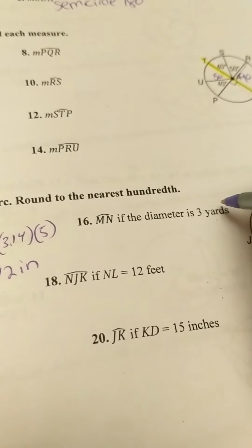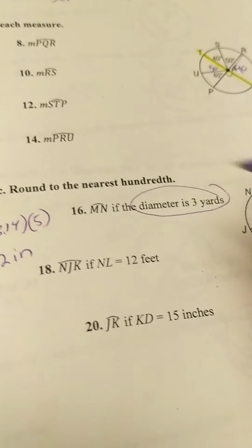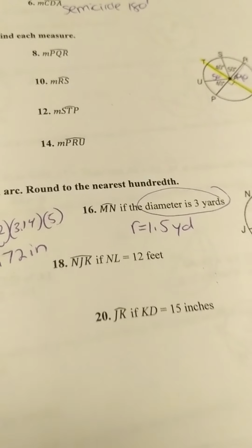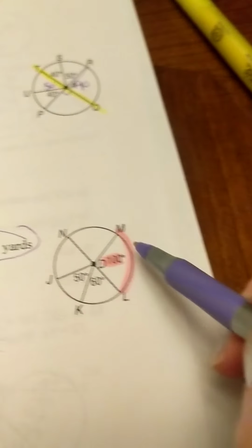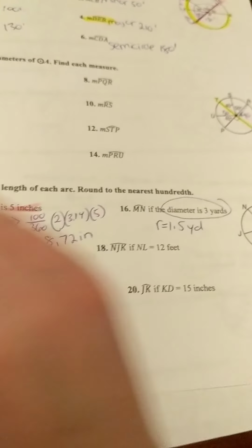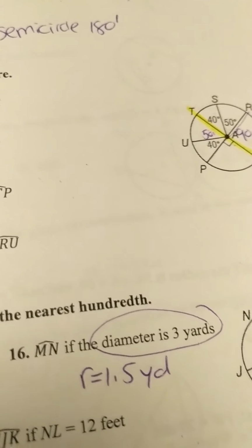Number 16, careful, it says the diameter is 3 yards, so make sure you're using the radius of 1.5 yards, but you'll do the same thing just based off of MN, having to make sure that you find the degrees there.